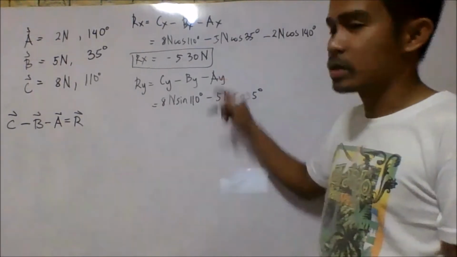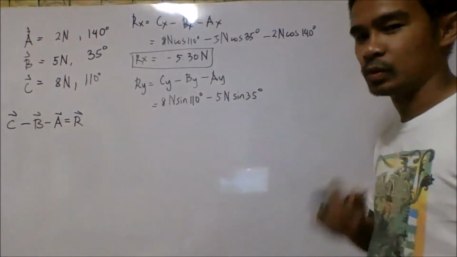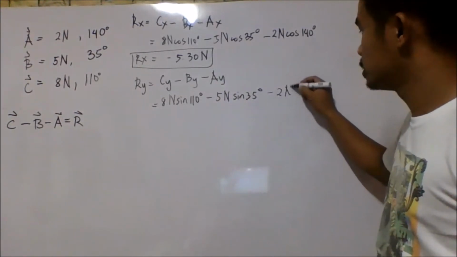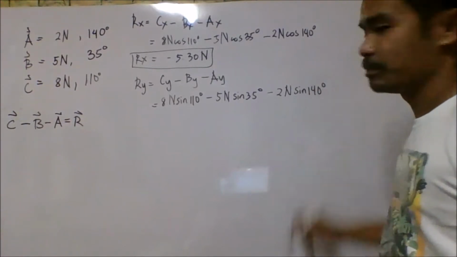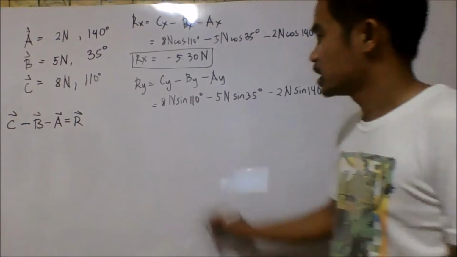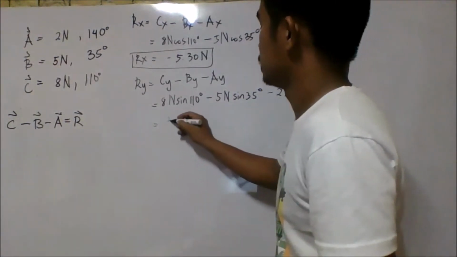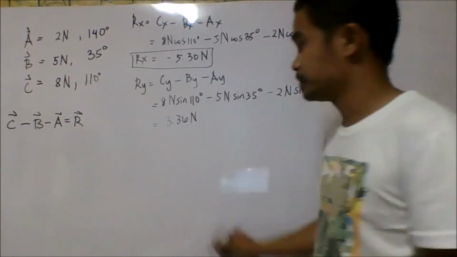And then minus the y component of vector A, which is 2 Newton sine of 140 degrees. And that is approximately equal to 3.36 Newton.